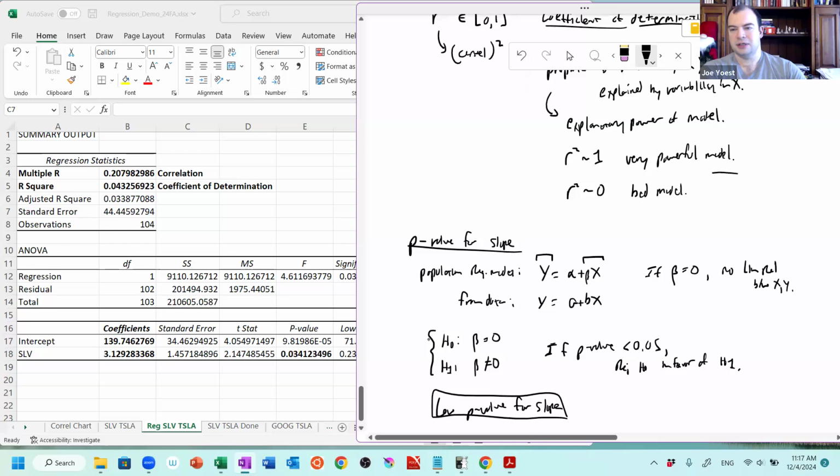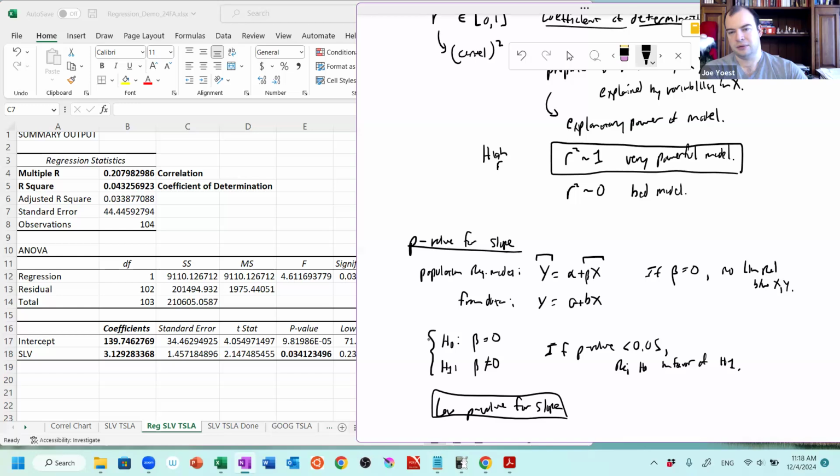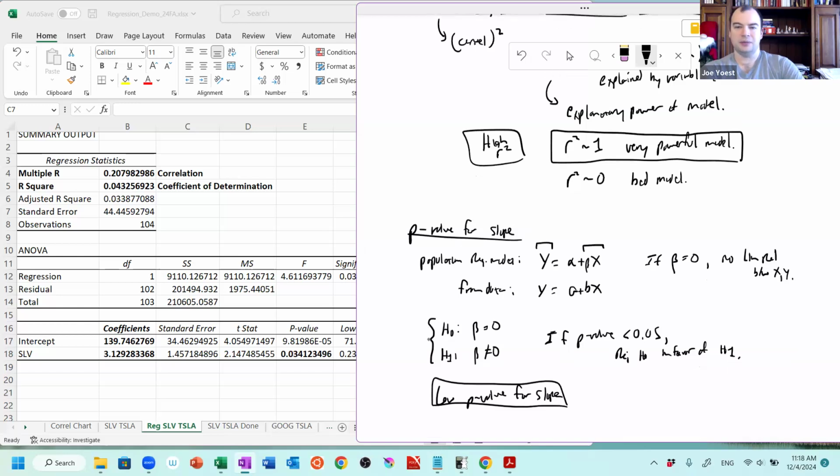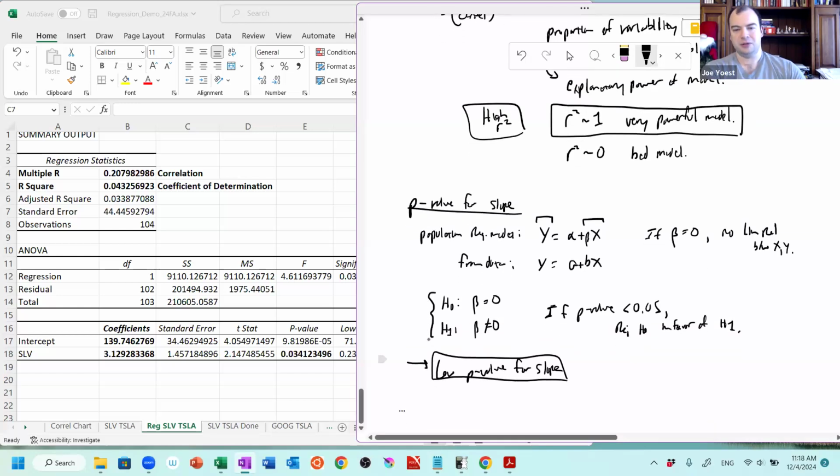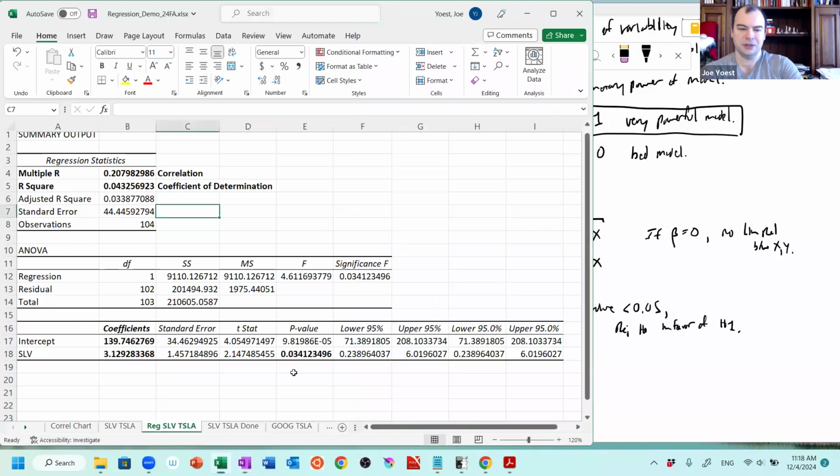So I'm looking for a high r squared, and I'm looking for a low p-value for the slope. These are kind of the formal things that I'm looking for. I'm looking for high explanatory power, and I'm looking to be able to reject the null that there's no linear relationship in favor of the alternative that there is a linear relationship.